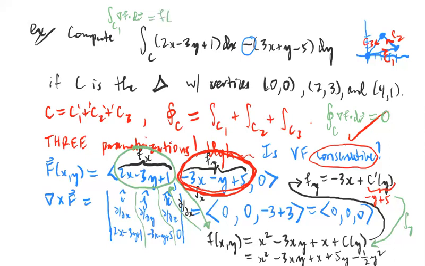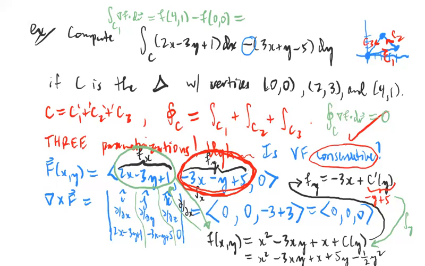Where would I need to evaluate f? The integral over C1 would be f evaluated at (4, 1) minus f evaluated at what? (0, 0).